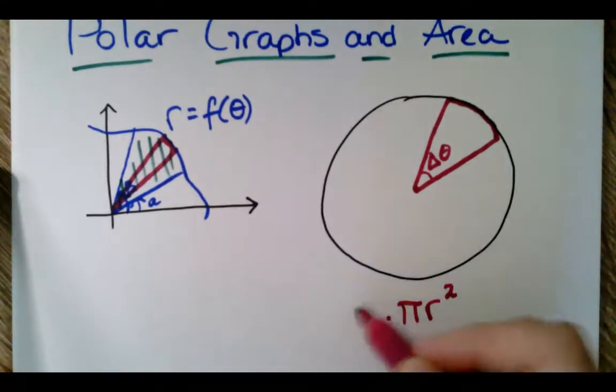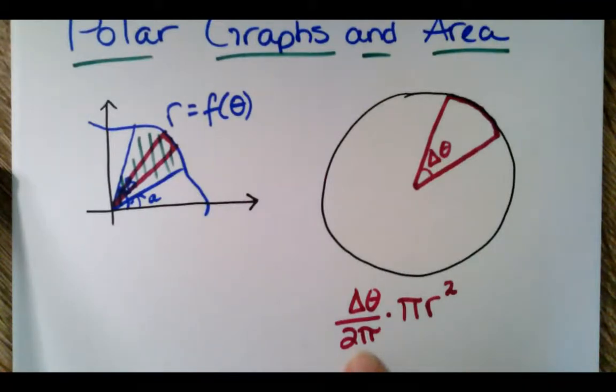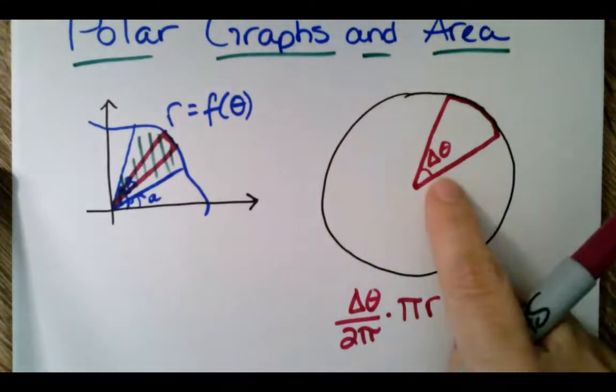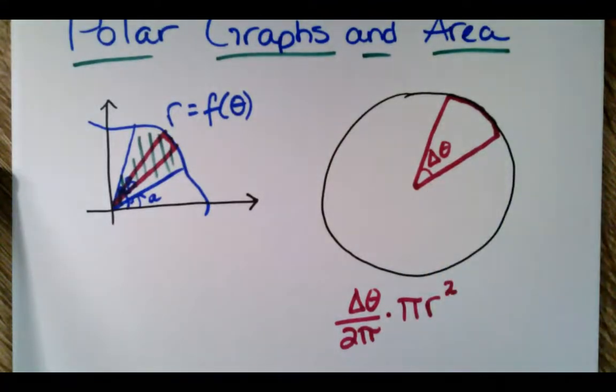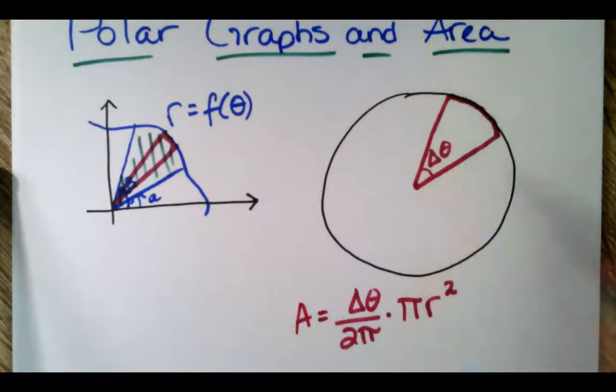So we're going to multiply this times whatever that delta theta is over 2 pi, because 2 pi would be the complete circle. And we just want the portion that's represented here in this sector. This would be the formula for the area of this one sector.